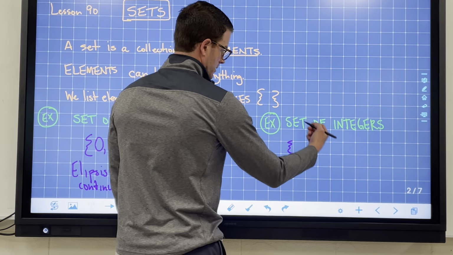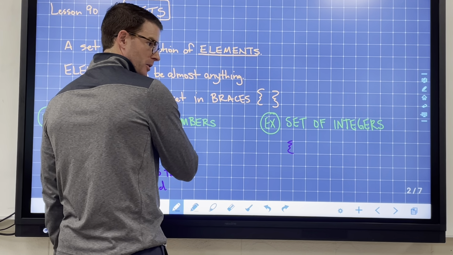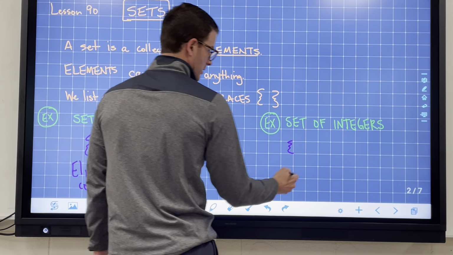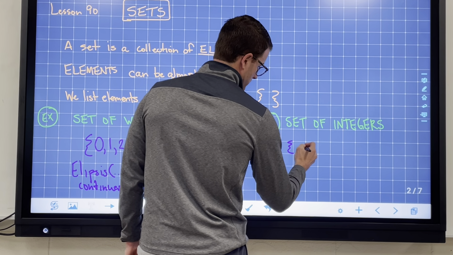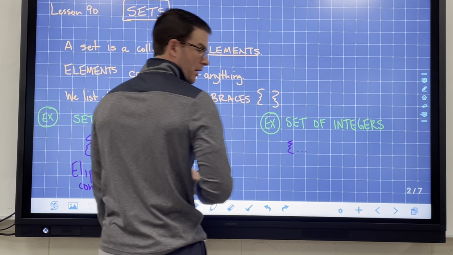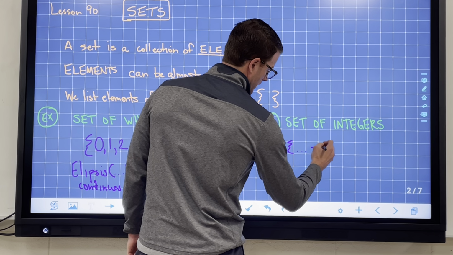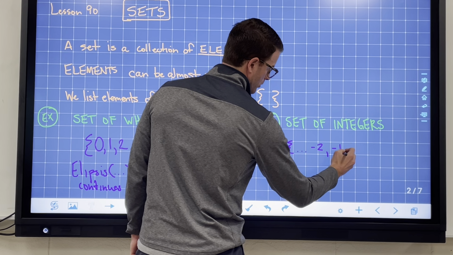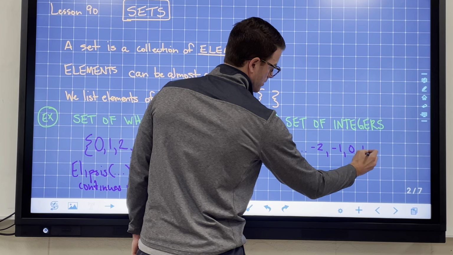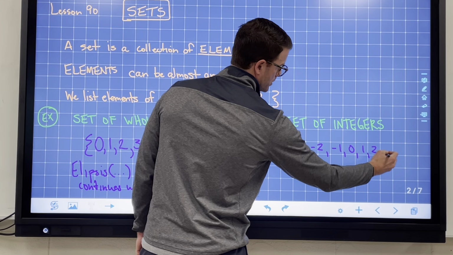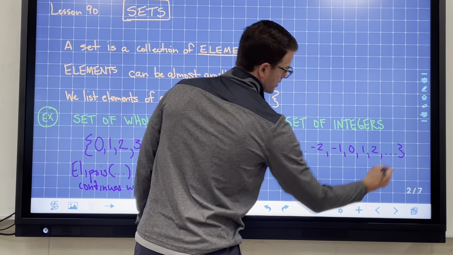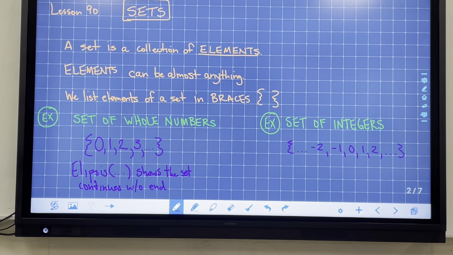So this is going to be negative numbers, positive numbers, 0, no fractions. We're going to start with an ellipsis, then -2, -1, 0, 1, 2, ellipsis, brace. That was a bad brace. Again, ellipsis at both ends because this set continues in both directions without end.